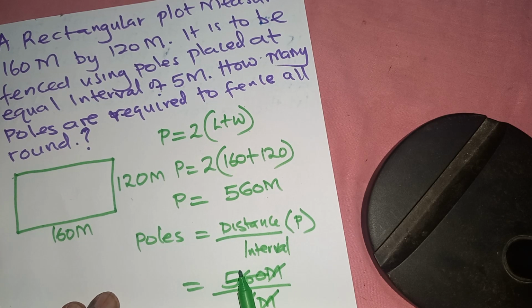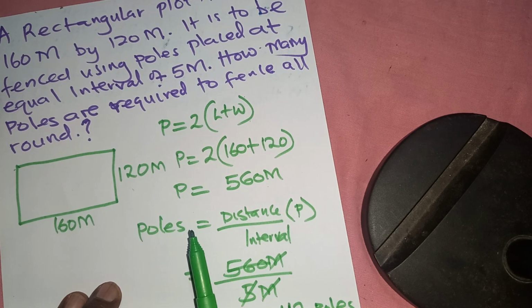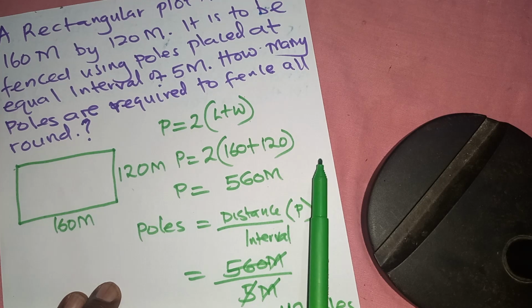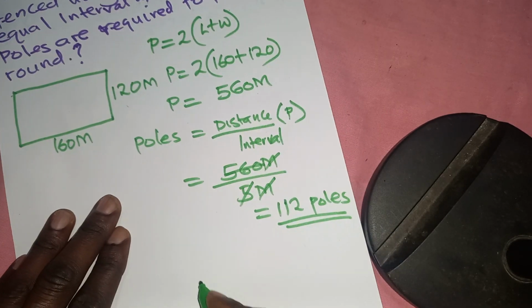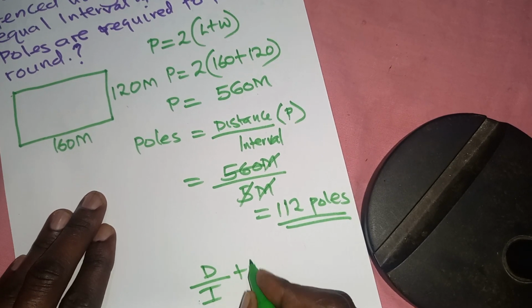Okay, so you also understand that if you are told that the plot had a gate, after getting the perimeter, you would subtract the gate and then use the formula distance over interval plus 1.